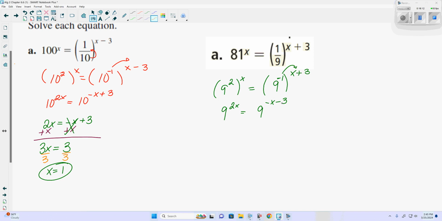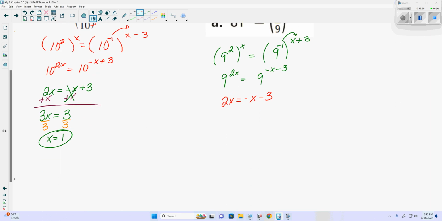Questions on this here? Since the bases are the same, the exponents have to be equal. Questions on this here? Questions on any of this so far?